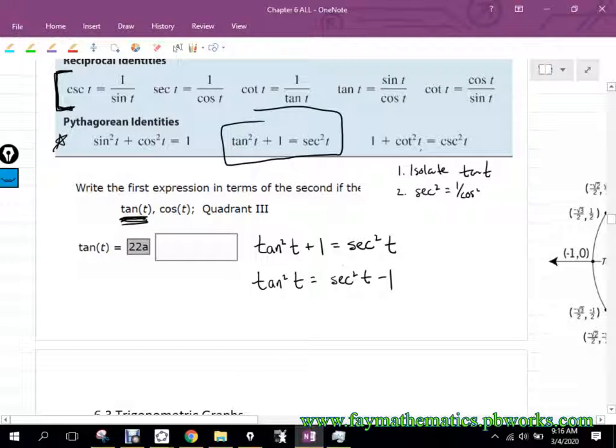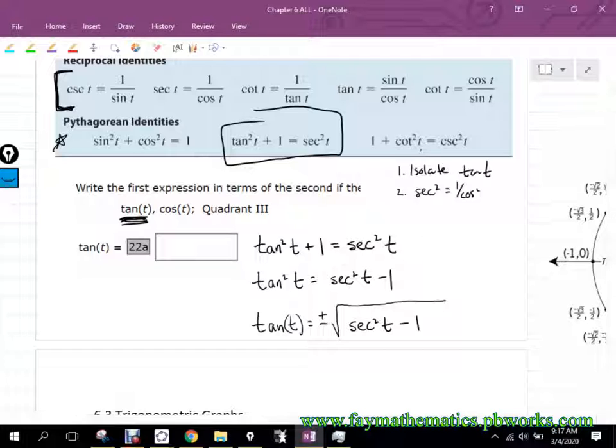And if I'm isolating tangent, I now have to take the square root, right? So I have the tangent of t. When I introduce a square root, it's plus or minus. And then it'll be secant squared t minus 1 under the radical. Which now, if we look at that, we have solved for tangent in terms of what?